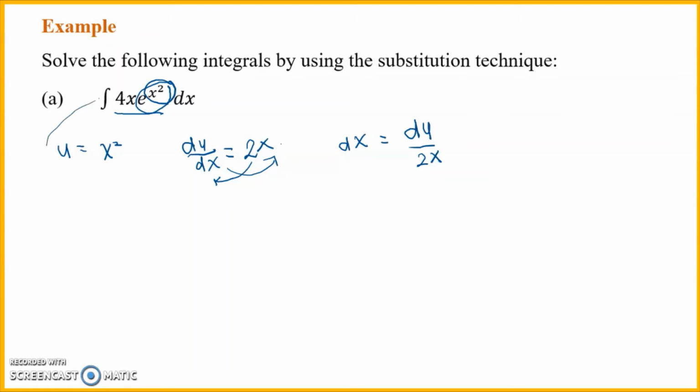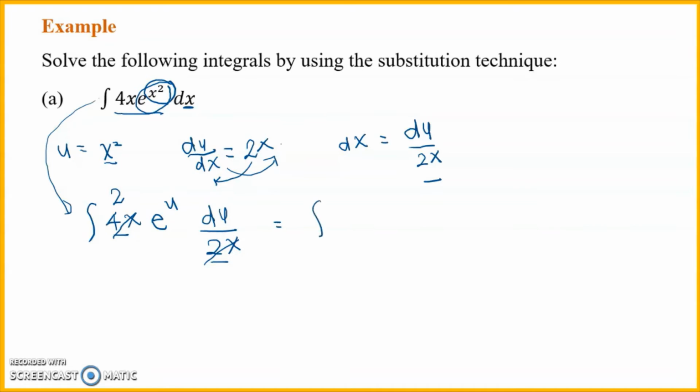Now I can rewrite this term as 4x e to the u, because x squared is u and dx is du over 2x. And this x can be cancelled. I should say it can be simplified to 2.